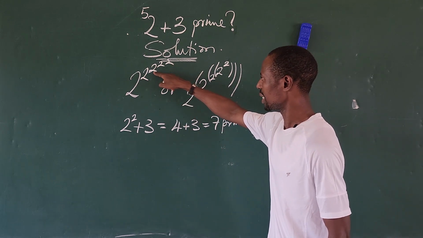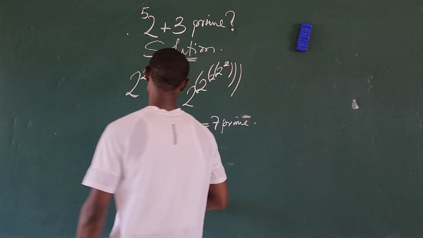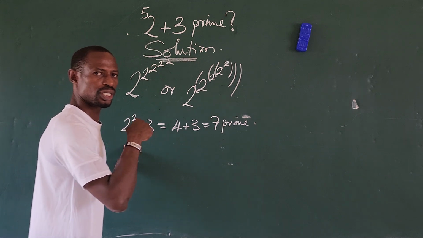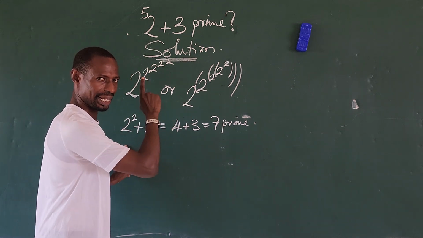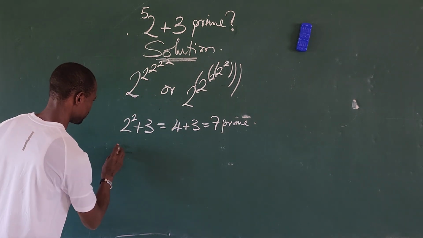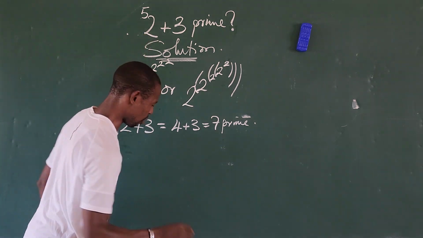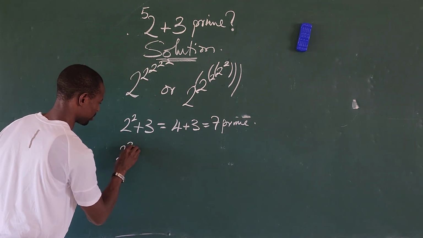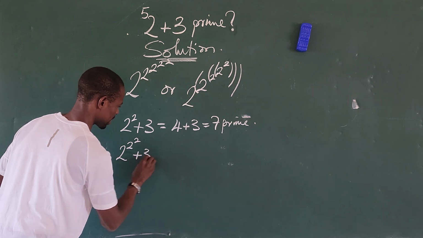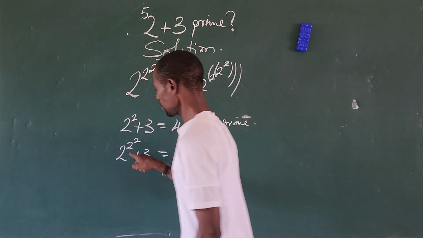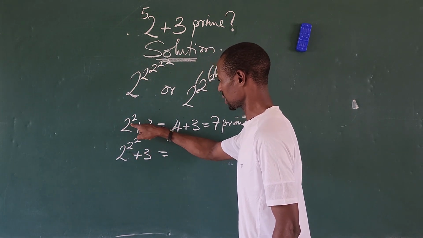So the first expression, plus 3, was a prime number. So we want to go down to this next one now. We're going to have 2 tetrated 3. Let's write it in a simpler form: 2 to the power of 2 to the power of 2, plus 3. This is equal to 2 to the power of 2, which from what we see so far is 4.